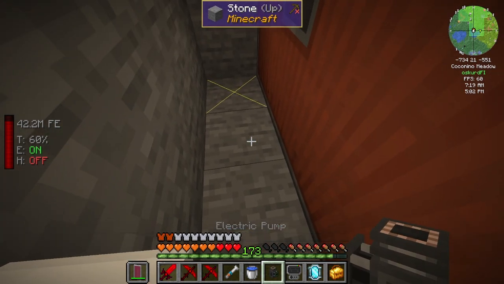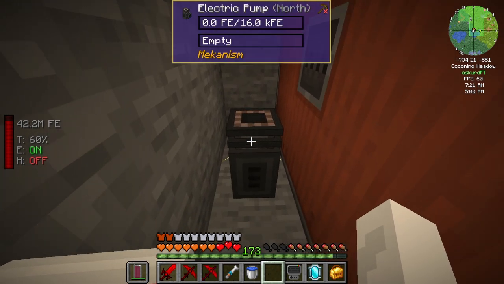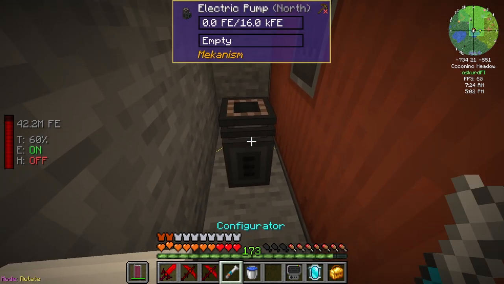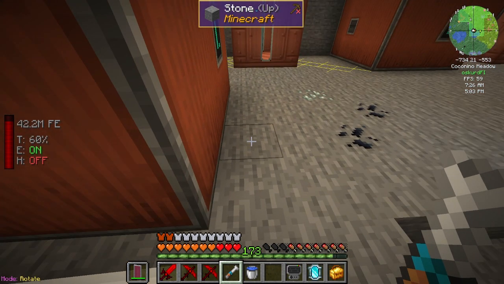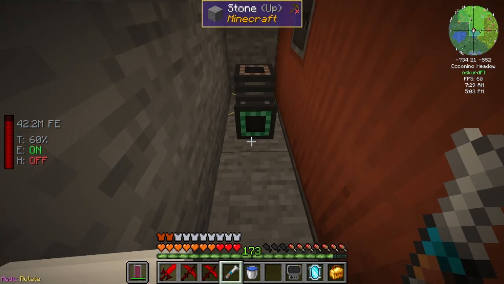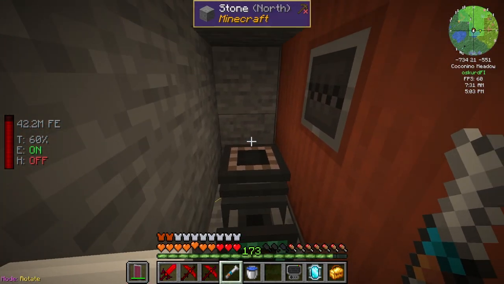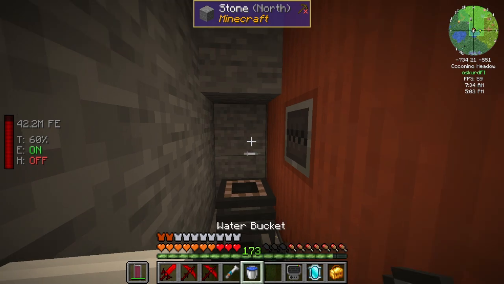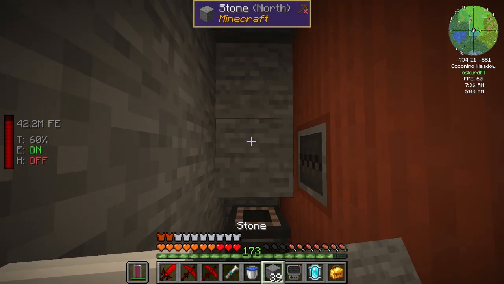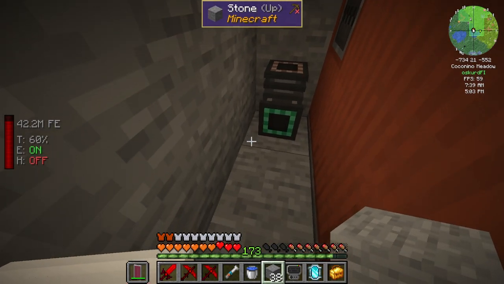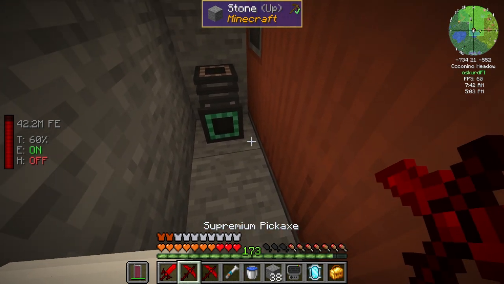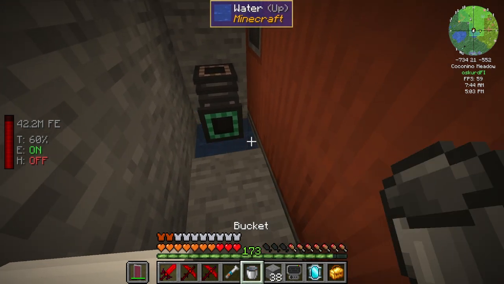We put this here, and then I guess we power from this direction, and then one cable there, or not cable, pipe over there, and then we're good to go. And water goes there. Yeah.